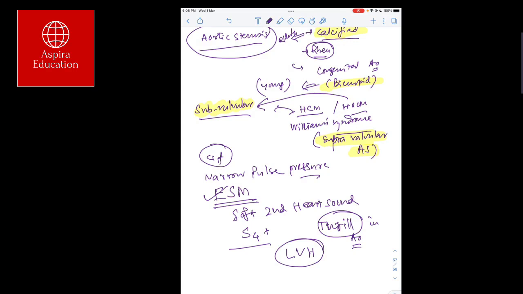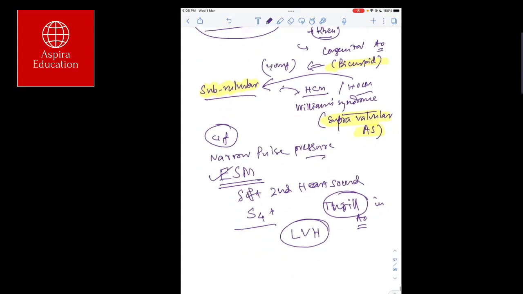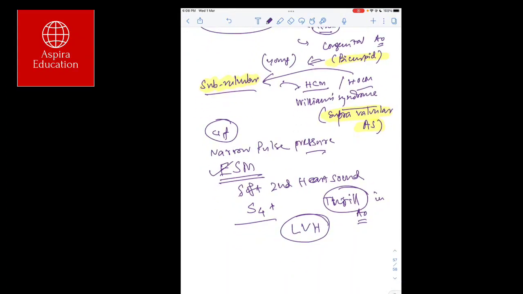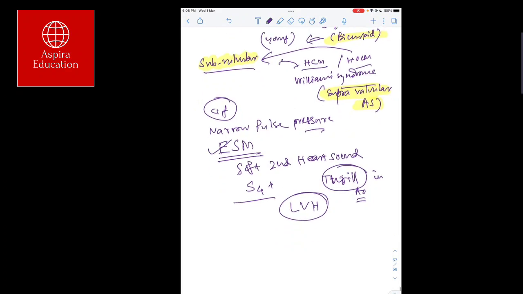These are certain things you need to remember. Whenever an aortic stenosis patient comes, check whether the patient is having symptoms. And what are the symptoms? Symptoms can be angina, SOB, or syncope.